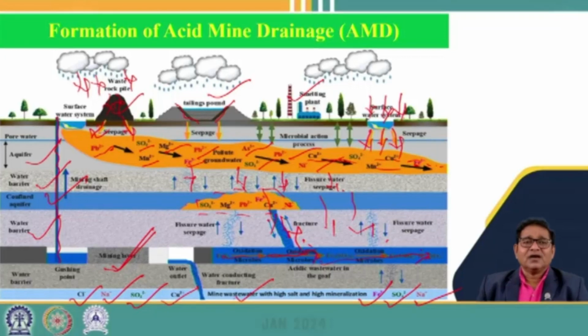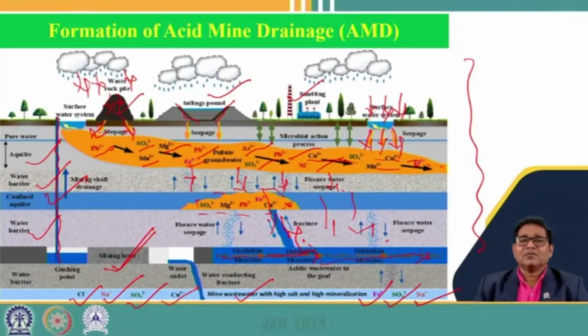At the mining phase also a lot of acid ions are generated, which dissolve all these metals, and finally this acid mine drainage produced from the underground mines is pumped out onto the surface, and then it is sent for treatment.